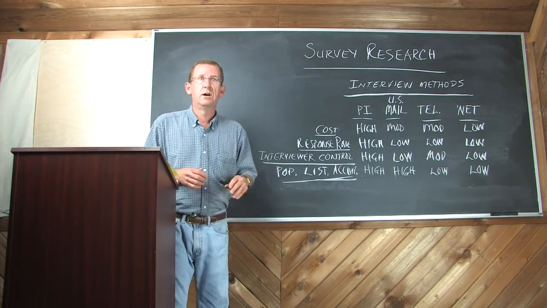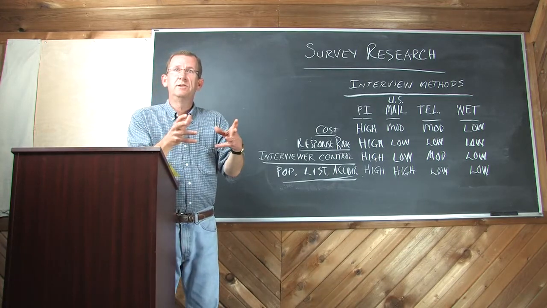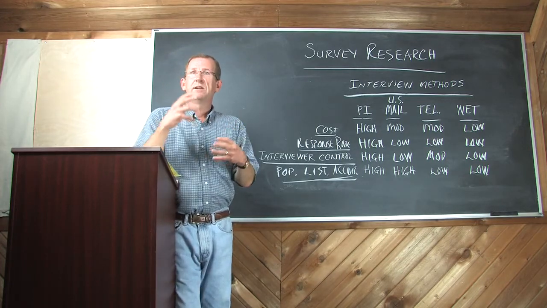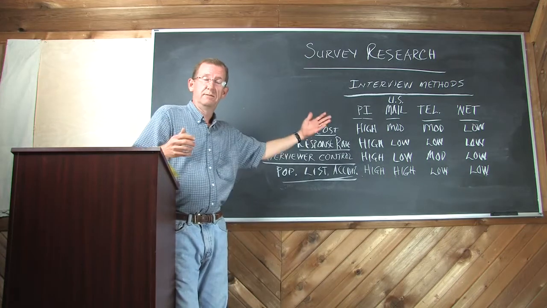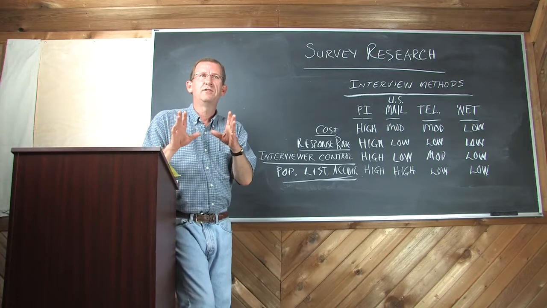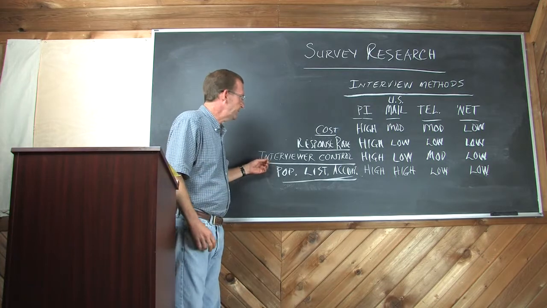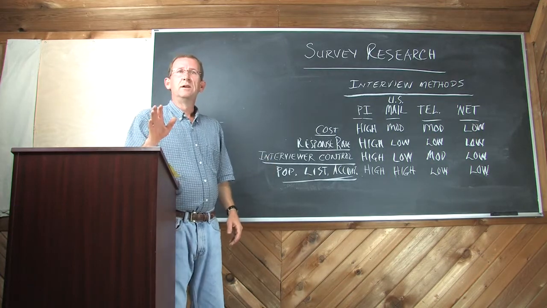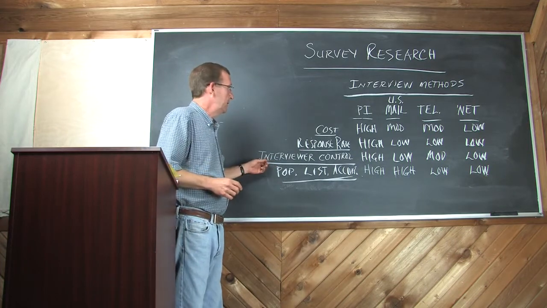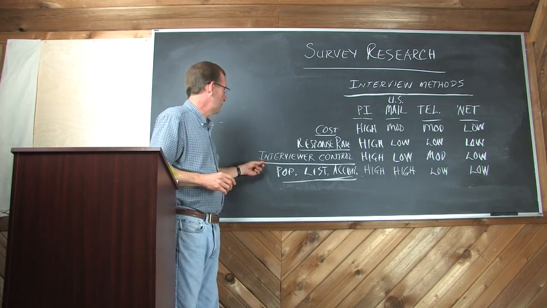Interviewer control: what I mean by that is the extent to which the person conducting the interview, if there is one, has control over the situation and can recognize, for example in personal interviewing, a problem of understanding related to a question and improvise a little bit, or a language issue. Increasingly in the United States, we have people whose first language is not English, so this is important.